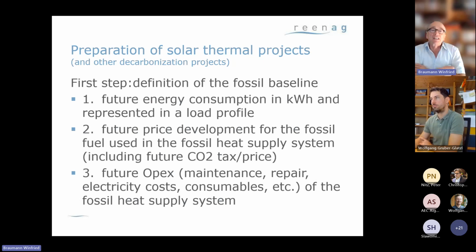So to the extent that there are additional benefits of renewable energy, they should be included in the profitability calculation in a quantified manner, of course.